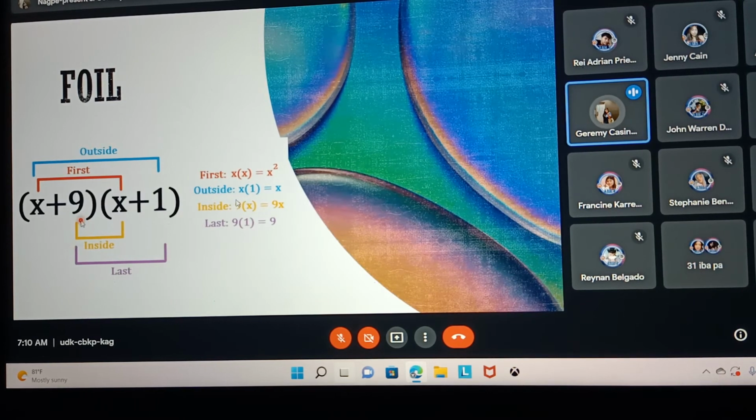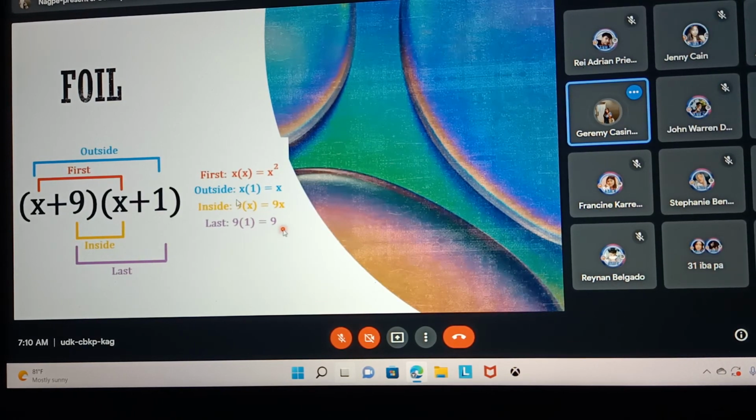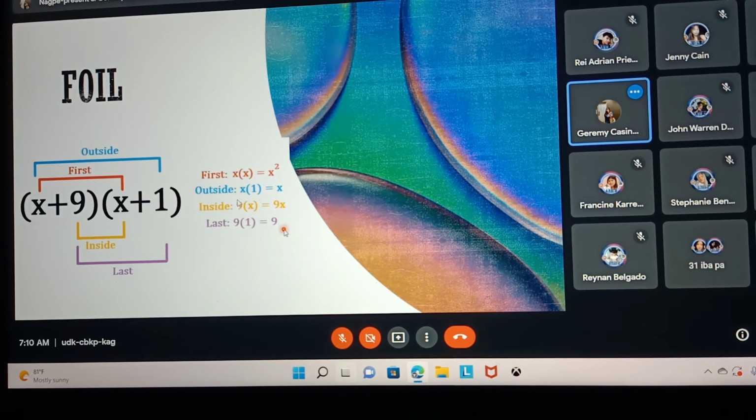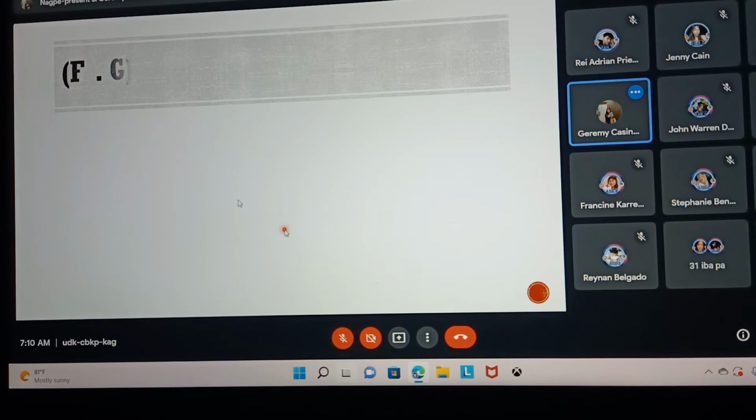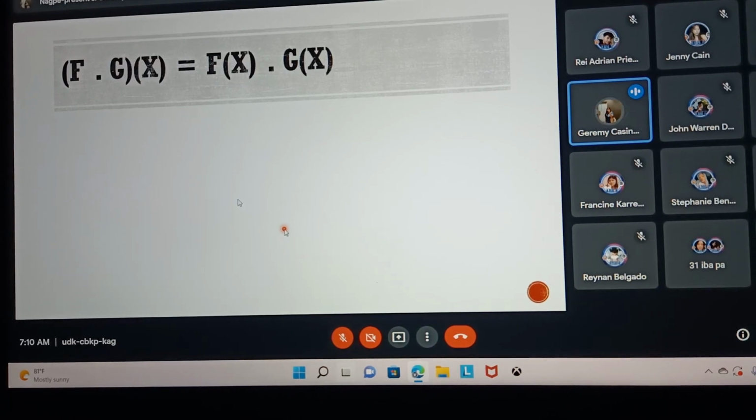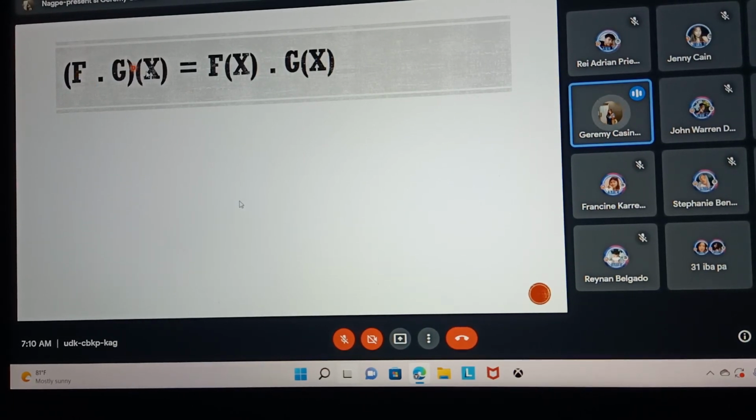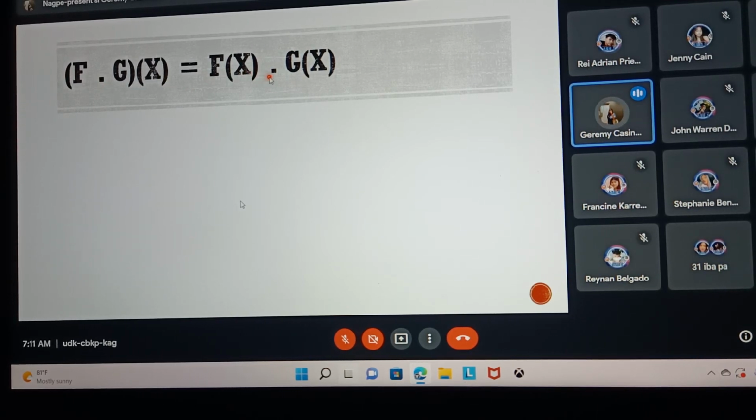And yung last term, 9 times 1, that is equals to 9. Next. Okay. Again, this is the equation that we are going to use. So we have f times g of x is equals to f of x times g of x.